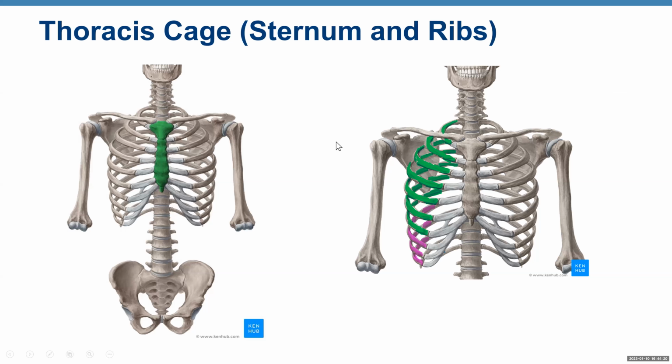Thoracic cage: sternum and ribs. You can see on this diagram the sternum, made of manubrium, body, and xiphoid process, and ribs. Here are the different types of ribs that we have.